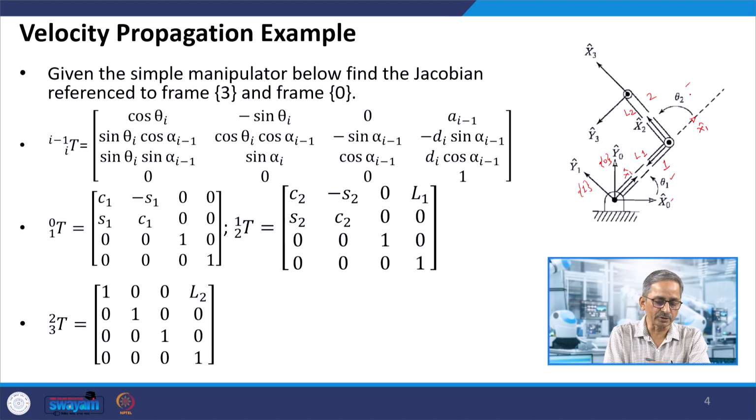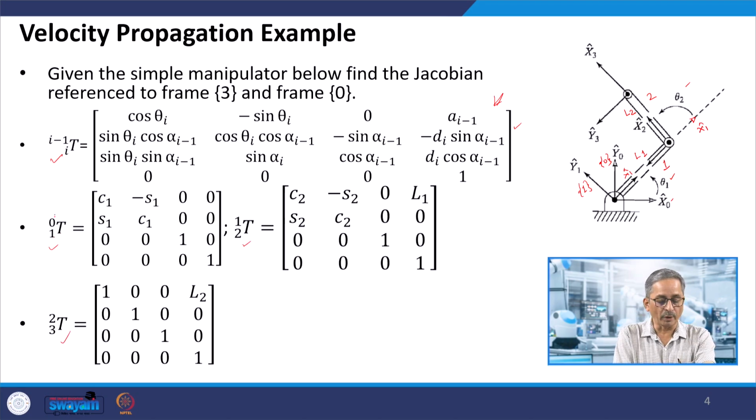Then we have also seen the general transformation matrix for transformation from the ith frame to the (i minus 1)th frame. If I put the DH parameters in this table, for this case these are the transformation matrices which I get.